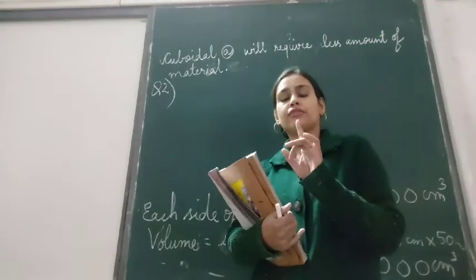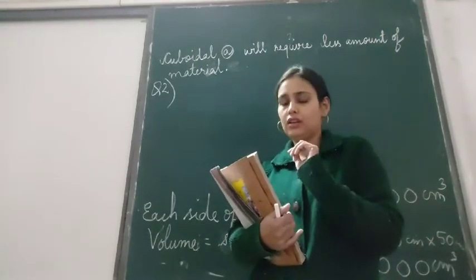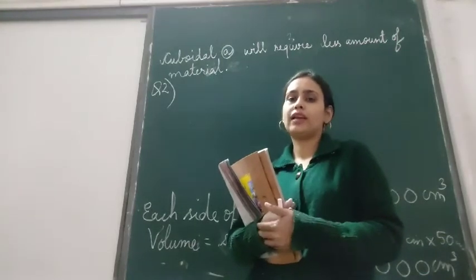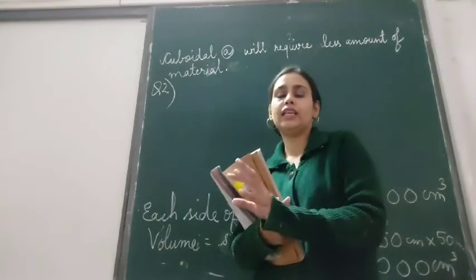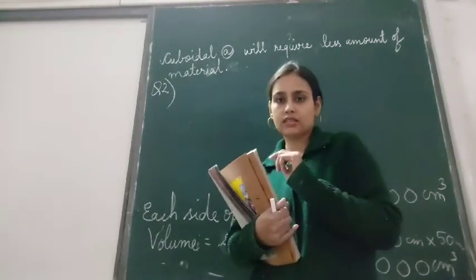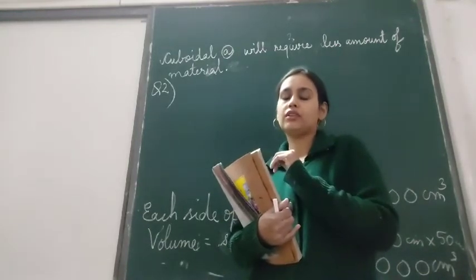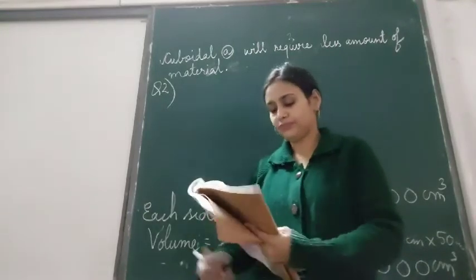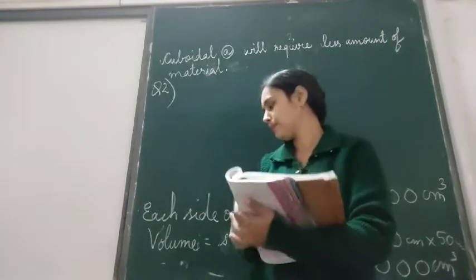And we have to find the length of the cloth. The area of the cloth will be length into breadth, which equals the total surface area of the 100 suitcases. From there we will get the value of length asked in the question. Okay, so let's do it.